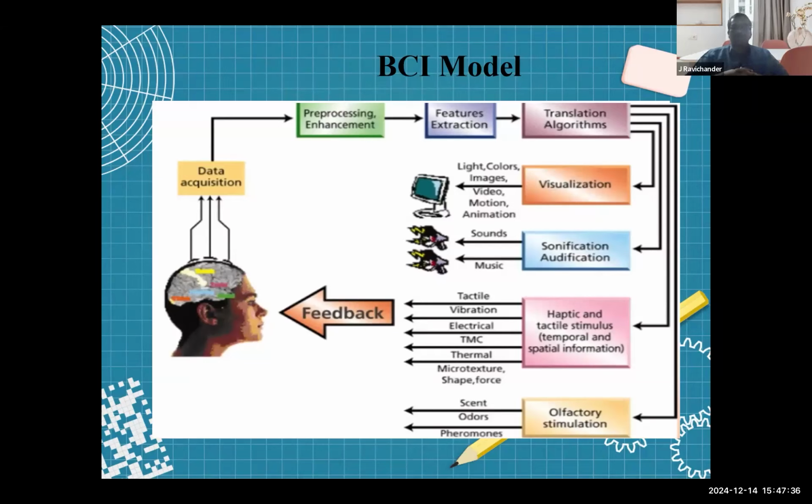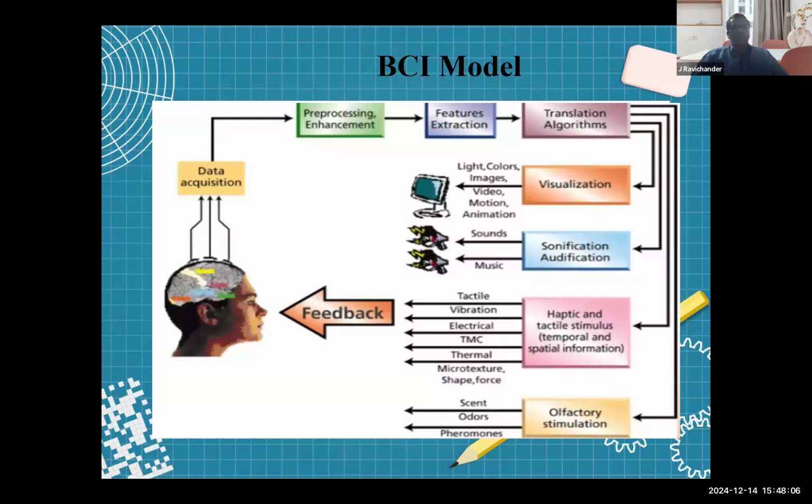Those signals will be translated into commands like visualization, sonification, haptic and tactile stimulus, olfactory stimulation, which can be used for different applications. In that way, we can use these brain signals.